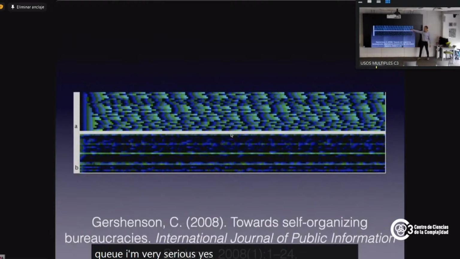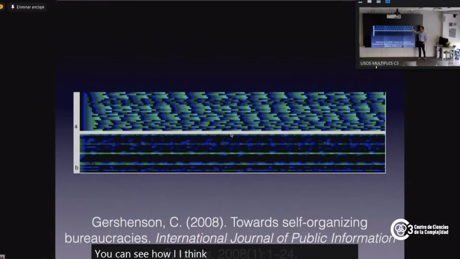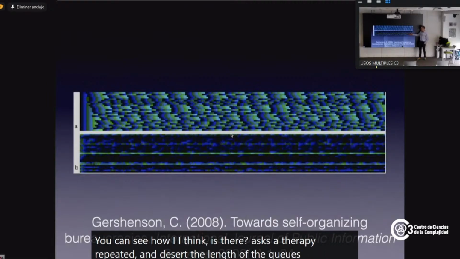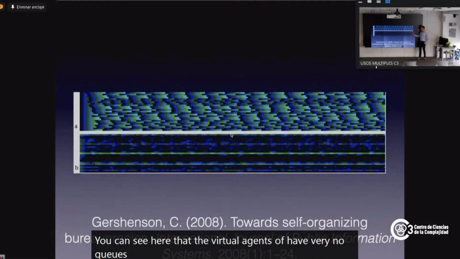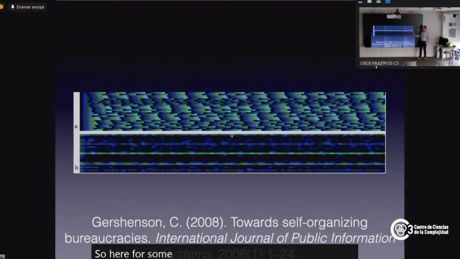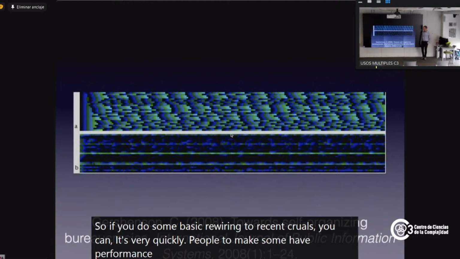Yes, so here, for example, I think these are the tasks that are being completed, and these are the lengths of the queues. You can see here that there are very few agents that have very long queues. This has the longest, and these two, but most of the agents are idle. So if you do some basic rewiring with very simple rules, you can reduce the bottlenecks very quickly and have performance that is similar to the theoretical performance.